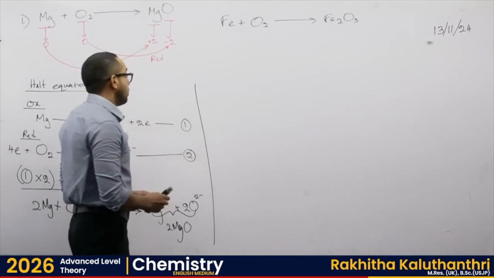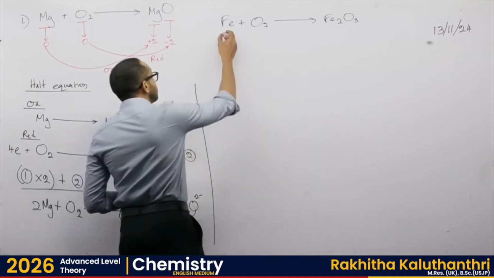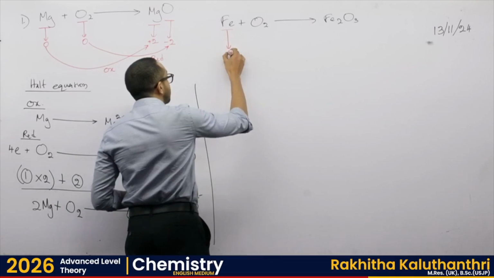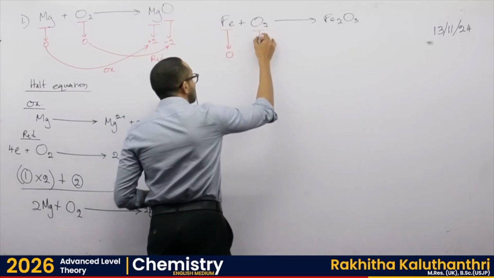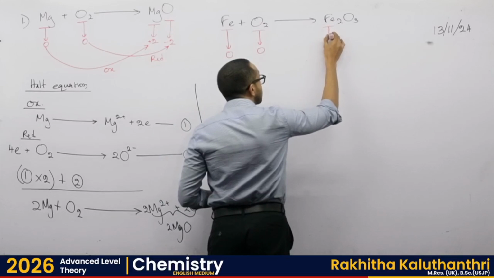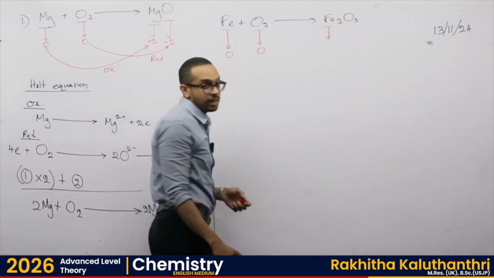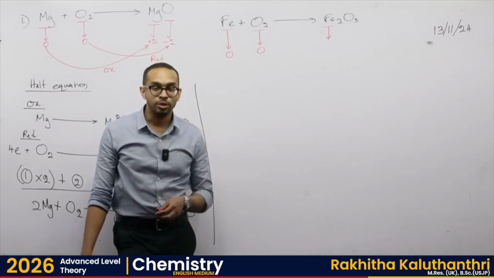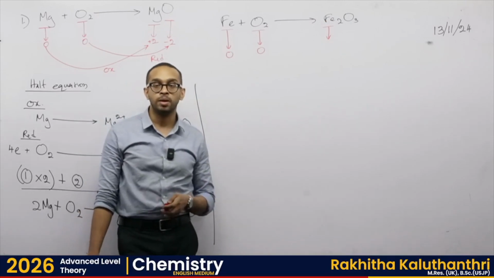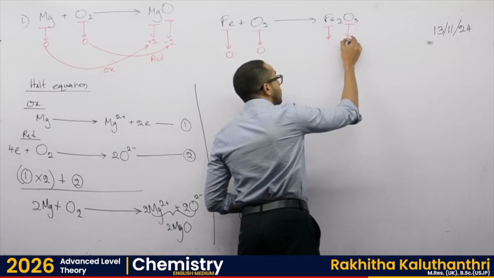So now first of all, let's identify which one is oxidizing and which one is reducing. We have Fe, which is 0. This is also 0. What about this? What is the oxidation state of Fe here? That you have to figure out. Oxygen is always -2 in a compound, right?